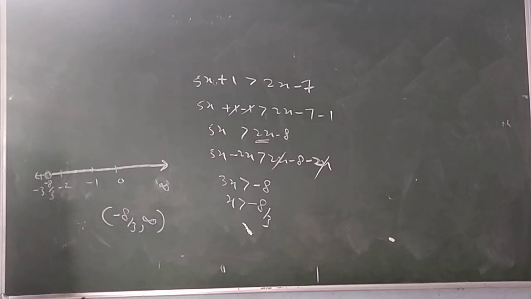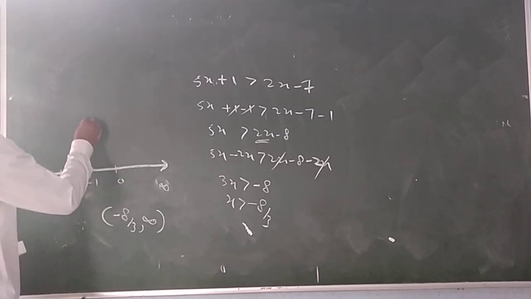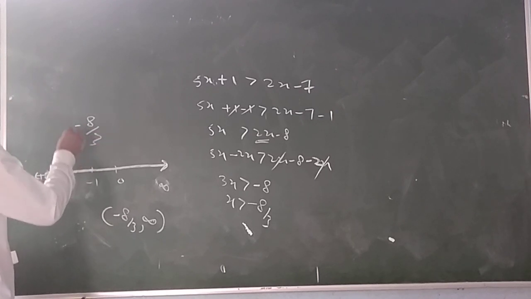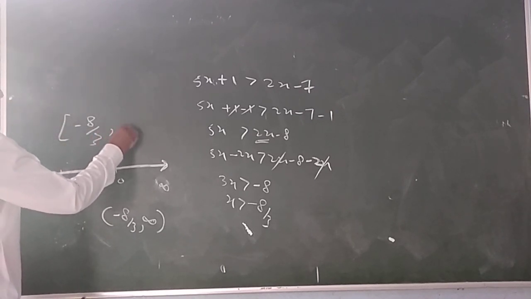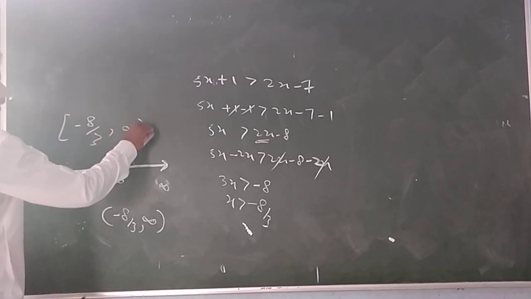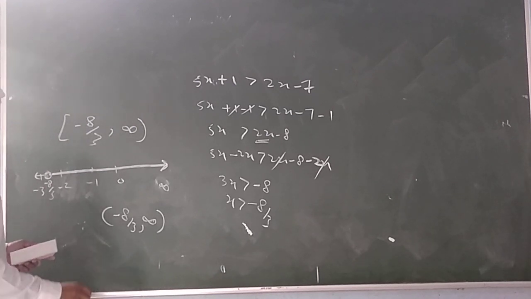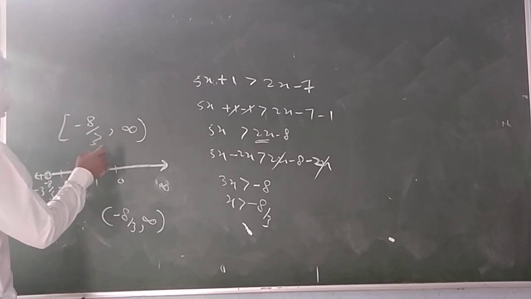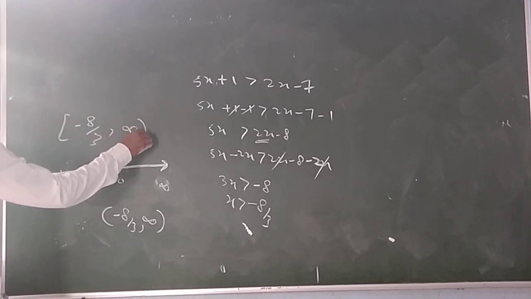So what is an open set and a closed set? Open set means not included. Infinity we are never going to capture, so we take it as not included.